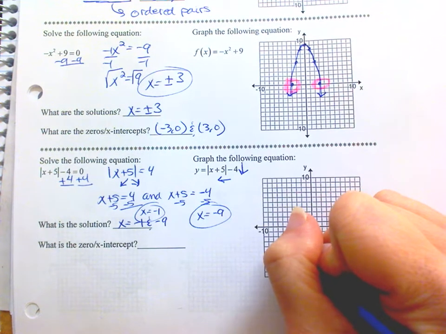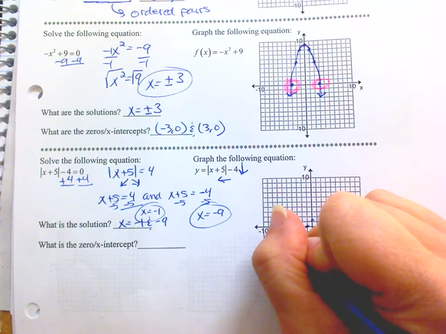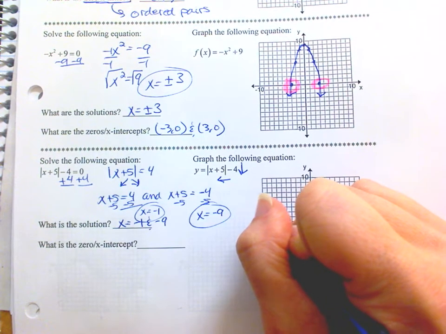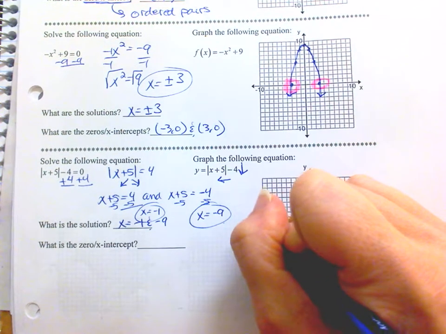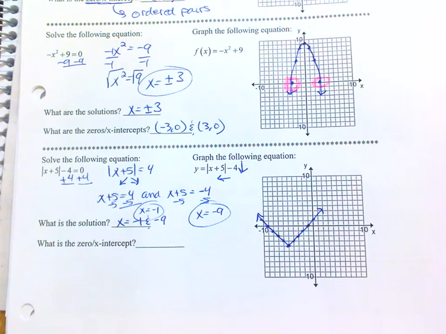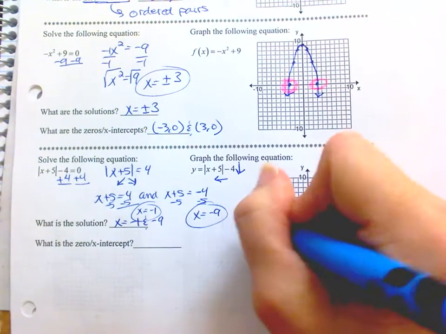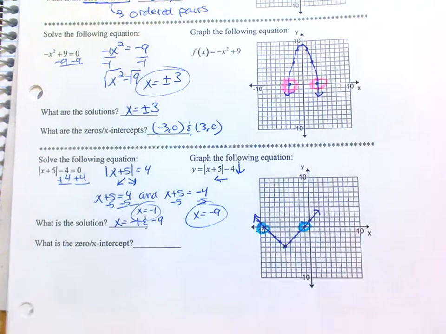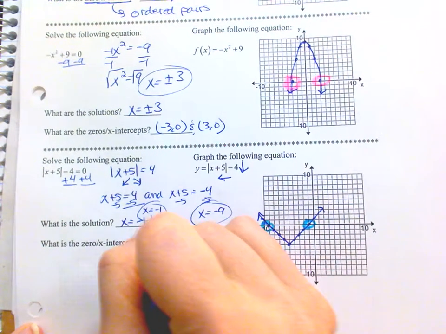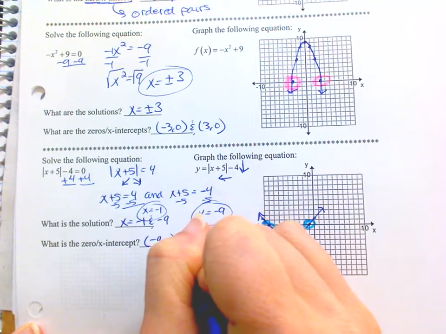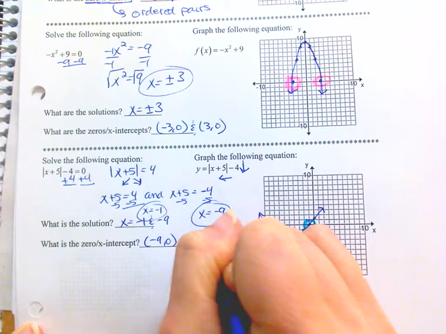If you go the other way, up one, out one, up one, out one, that's where your V will cross at -9. So again, x-intercepts here and here, which is why we have two solutions as well. -9, 0, and -1, 0.